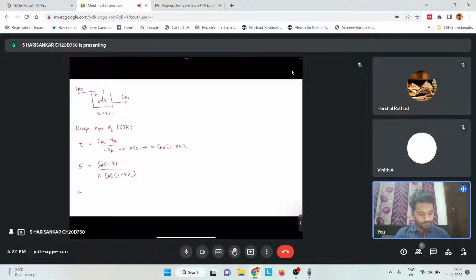So 5 is equal to Xa by 0.2 into 1 minus Xa. We need to solve this to find Xa. This is simple solving. We'll get Xa as 0.5.